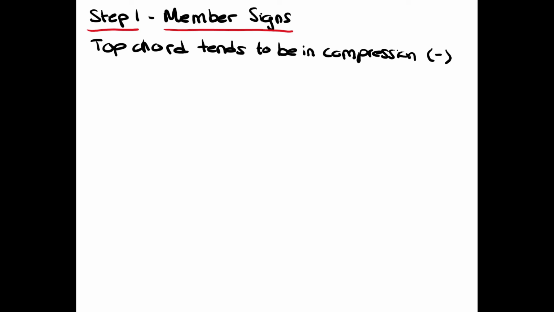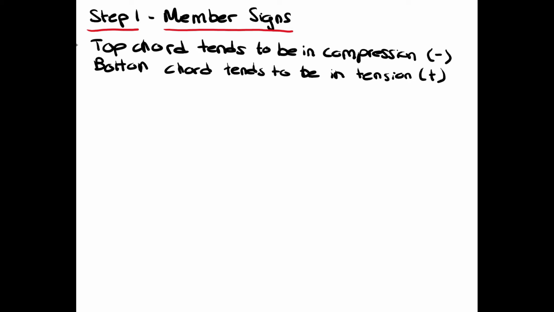And then if the top chord tends to be in compression, the bottom chord tends to be in tension, which, again, if we recall, is denoted by the plus or positive sign.